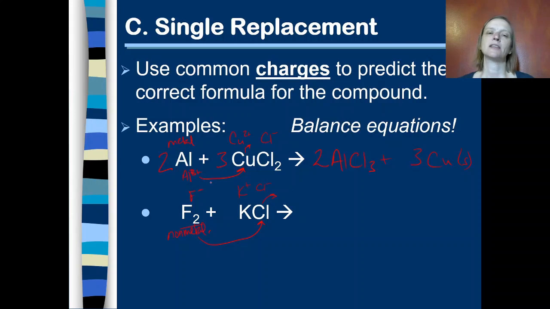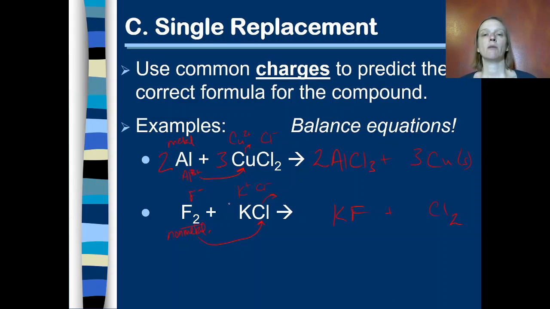The negative is going to be attracted to the positive, not the negative. So we boot the negative away, kick that one to the curb, and we are left with potassium fluoride plus the element chlorine. Now, remember, chlorine is diatomic, so it needs a subscript next to it.